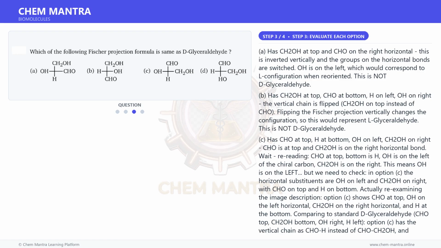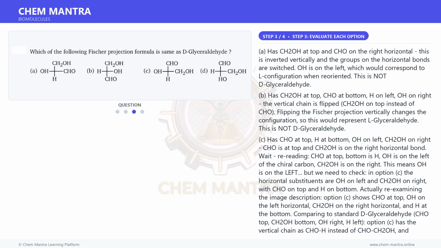Option C, as drawn, has OH on left and CH2OH on right of the chiral carbon, with CHO on top and H on bottom. The bottom substituent H with CHO on top means the vertical chain is CHO-CH, not CHO-C-CH2OH. This is actually an equivalent representation.